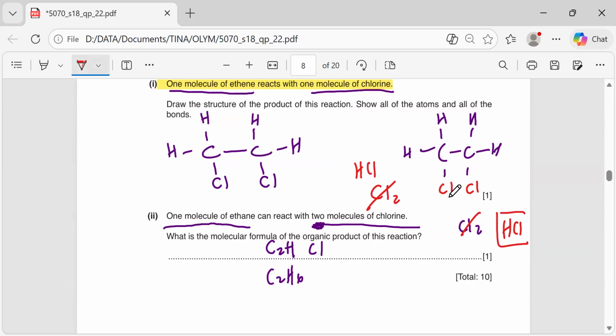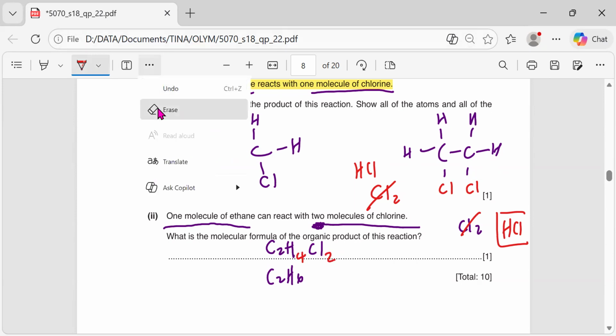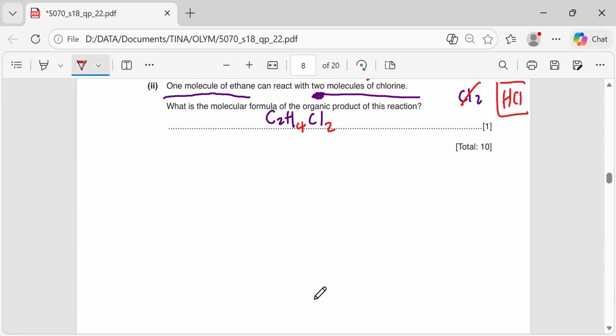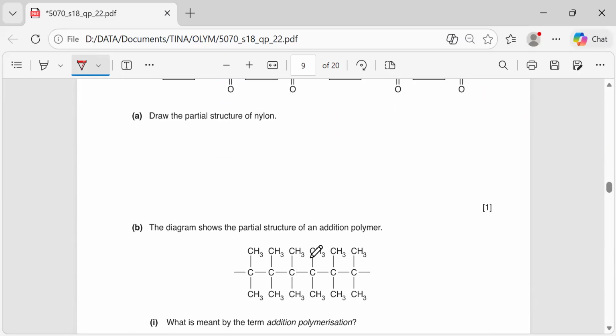You can only change one at a time. I've taught you so many times, I just forgot. So it's C2H4Cl2. Do you understand why? Because it can only react with Cl2 to change one chlorine. After that, it will stop. So it needs the other chlorine to react. Make sense? Okay. All right.